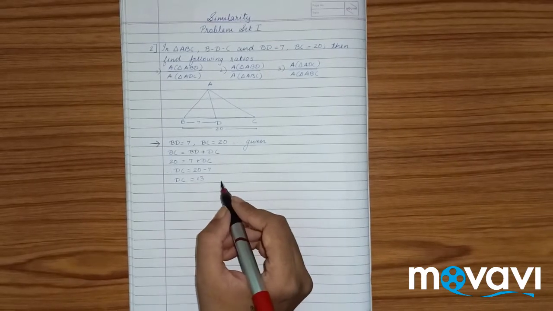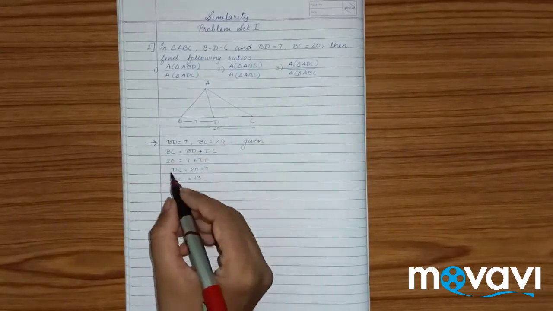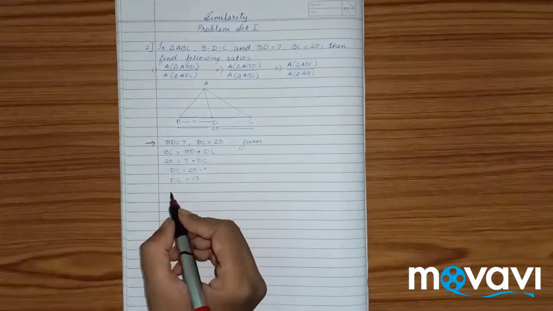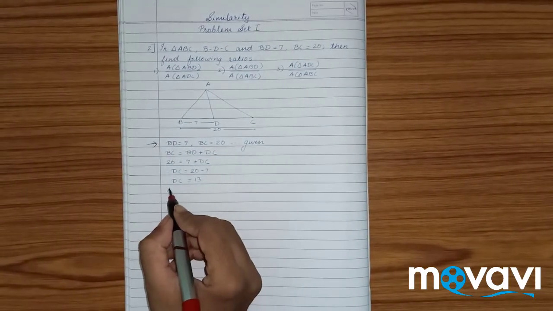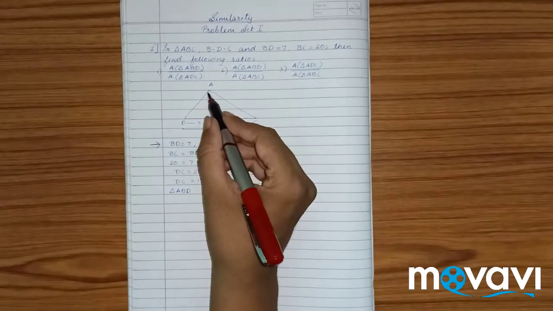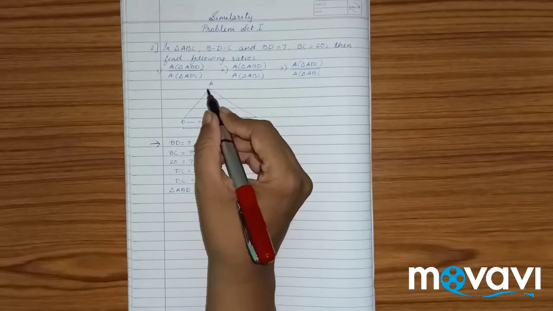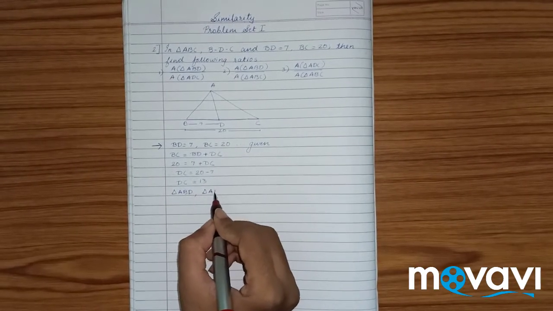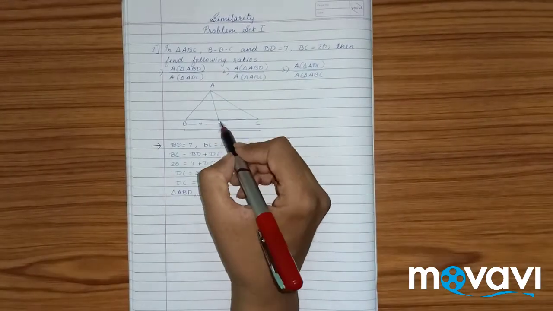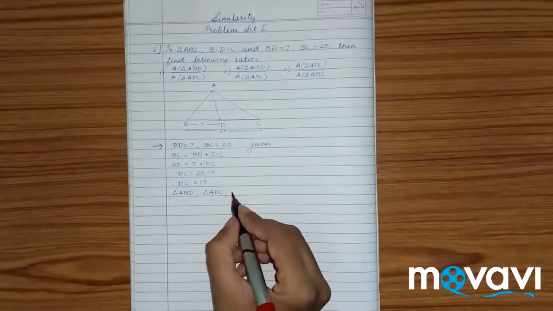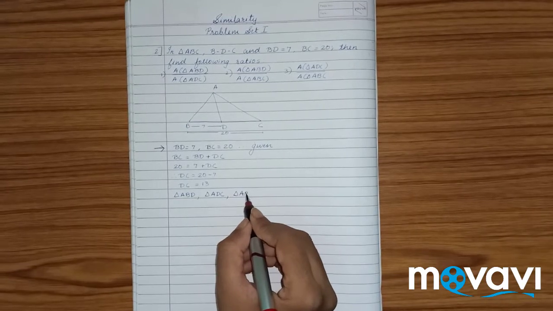So DC is 13. Now look at the triangles whose ratio of areas has been asked. One is triangle ABD, one is triangle ADC, and the third one is triangle ABC.